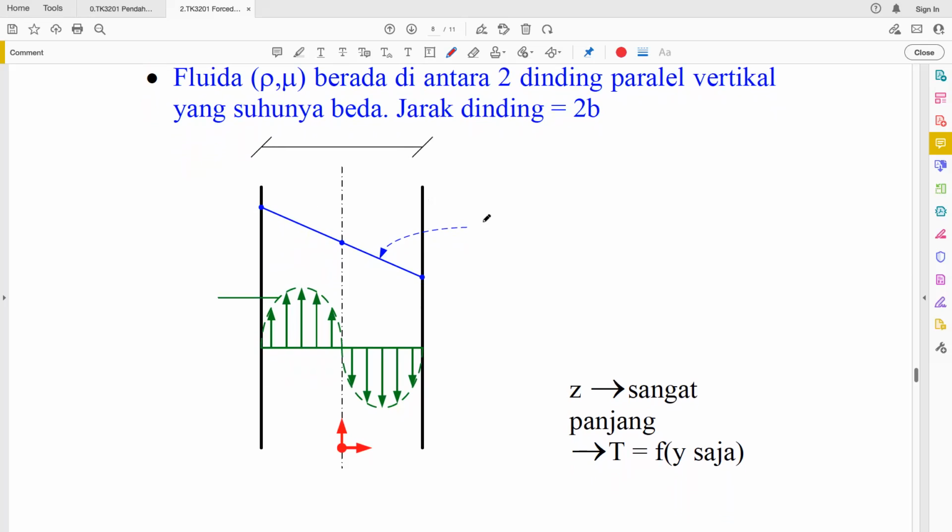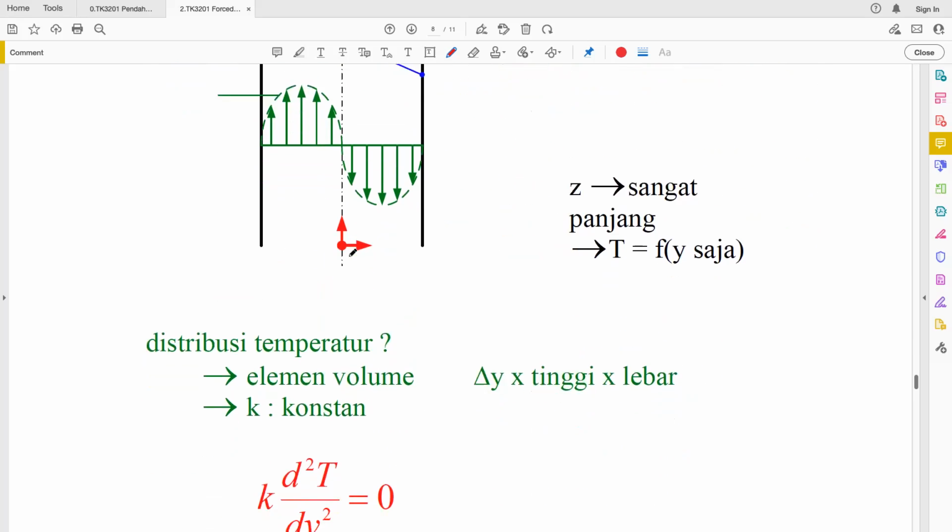For example, this is the temperature profile. Okay, and because of the temperature profile, the properties will also change as a function of T. Okay, so the properties would be a function of T.